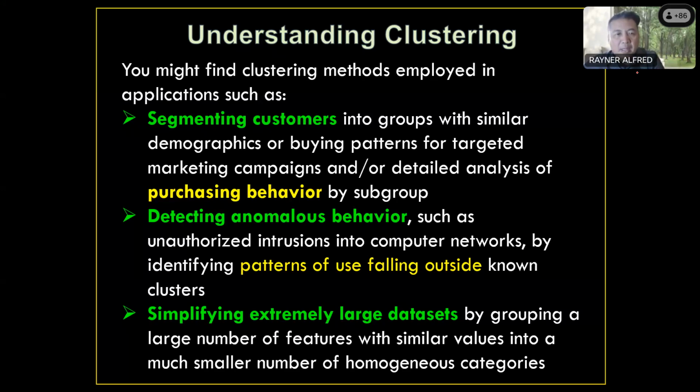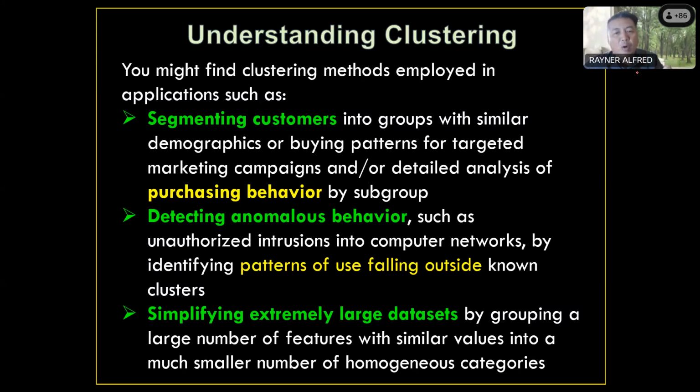Okay. And the third one is we can use cluster analysis to simplify your data. For example, you have 50 features, and you use these 50 features to perform clustering. Then the 50 features can be reduced to one. So only the cluster ID you can put there and say they belong to cluster 1 or 2 or 3.